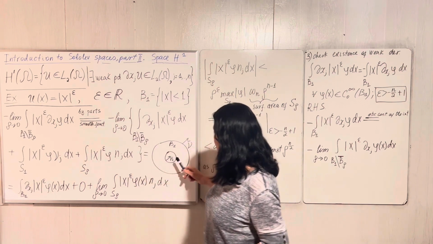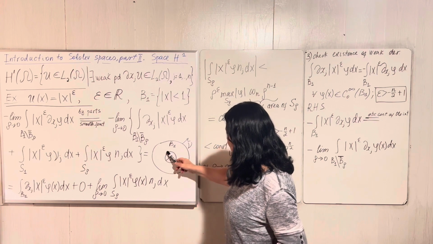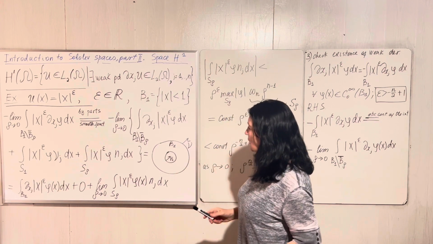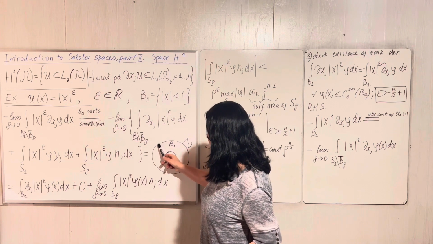Here this is our ball b1, and this is our ball b rho, and we will have two spherical surfaces.